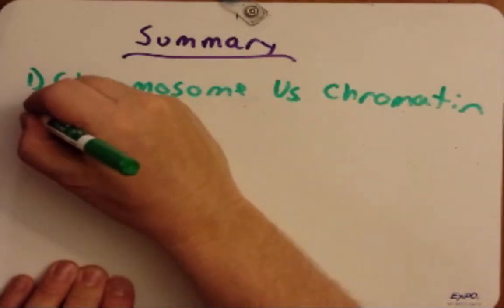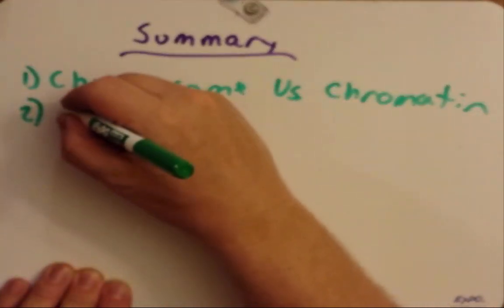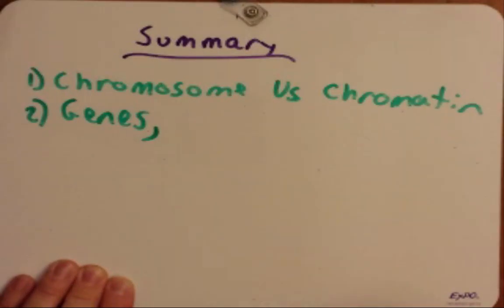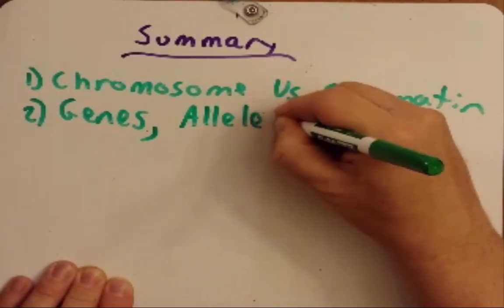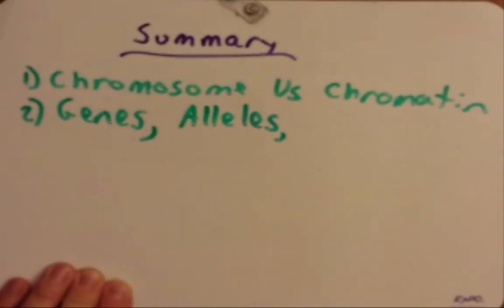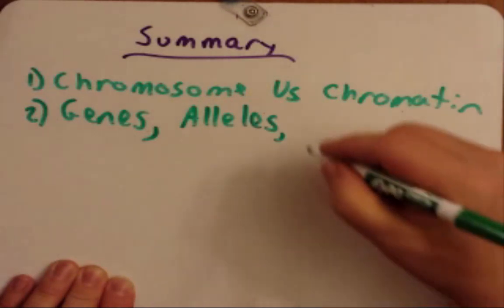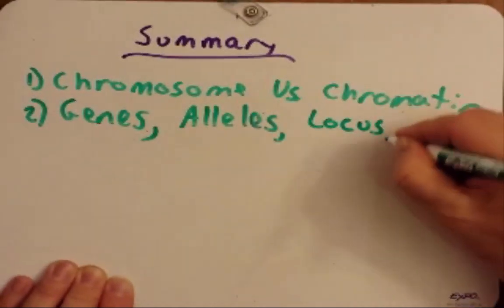We talked about how chromosomes and chromatin were the place where genes were located, and we talked about how alternate versions of genes caused by mutations were called alleles. And then we talked about the fact that the physical location of the genes on a chromosome was called that gene's locus. So you should be familiar with these 3 terms.